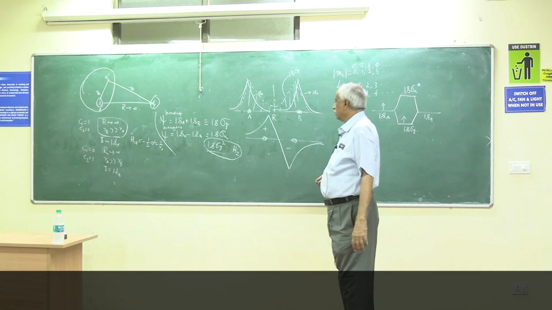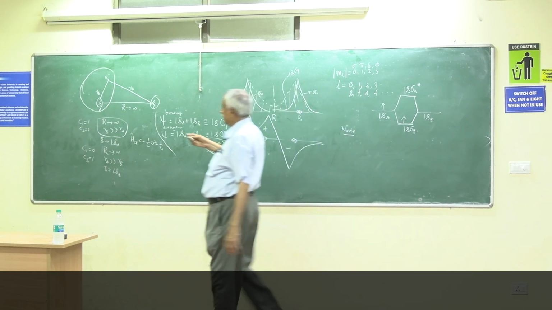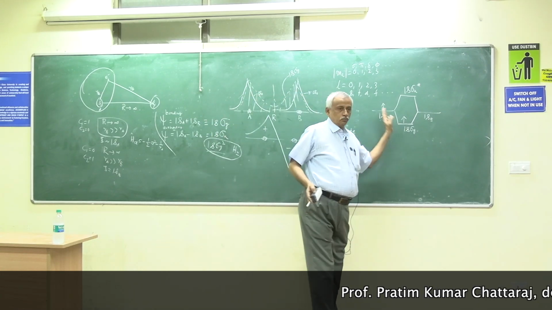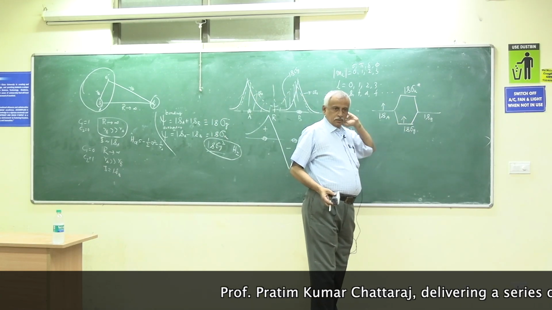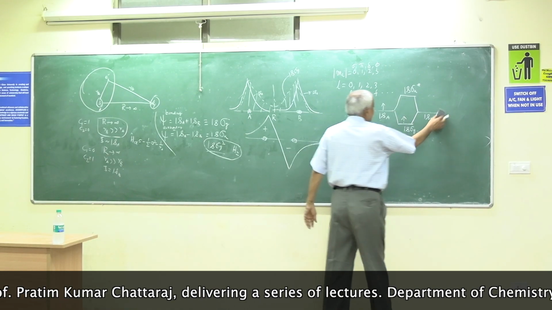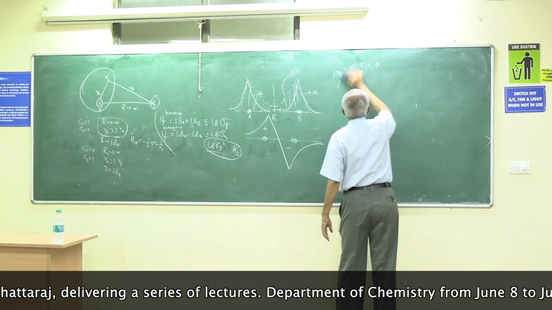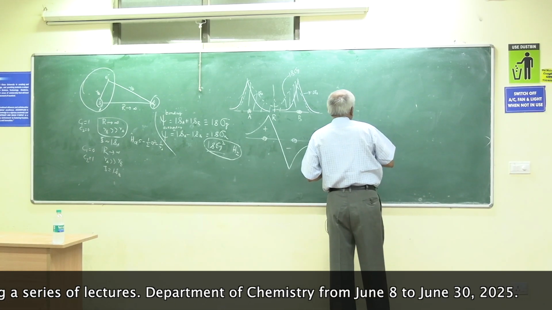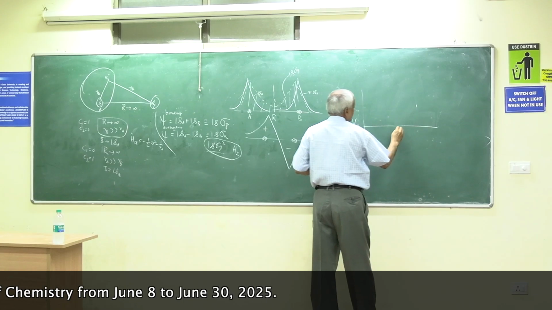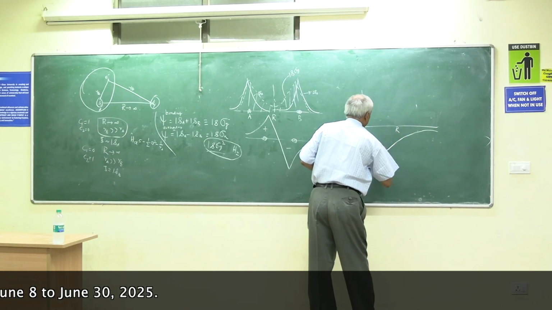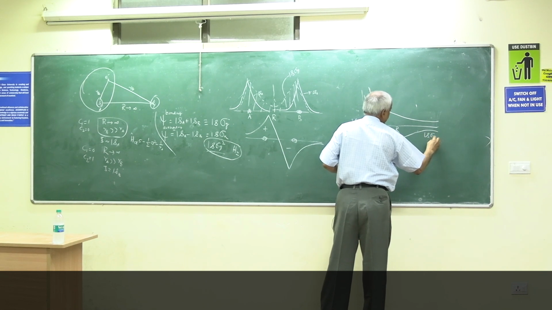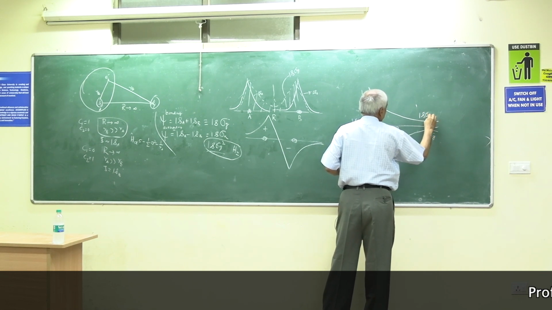Now if I want to check as a function of R how these energies behave, this picture is only at the equilibrium. So if I plot it for the hydrogen molecule, this is my potential energy, this is capital R. This is your 1s sigma g, this is your 1s sigma u star.